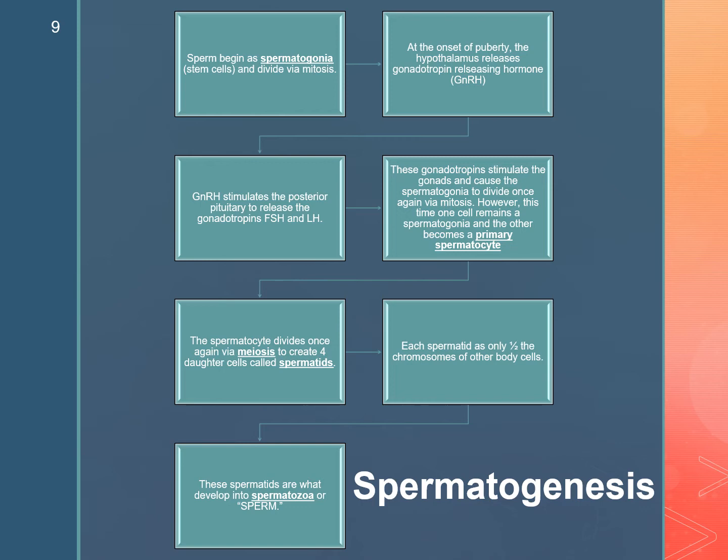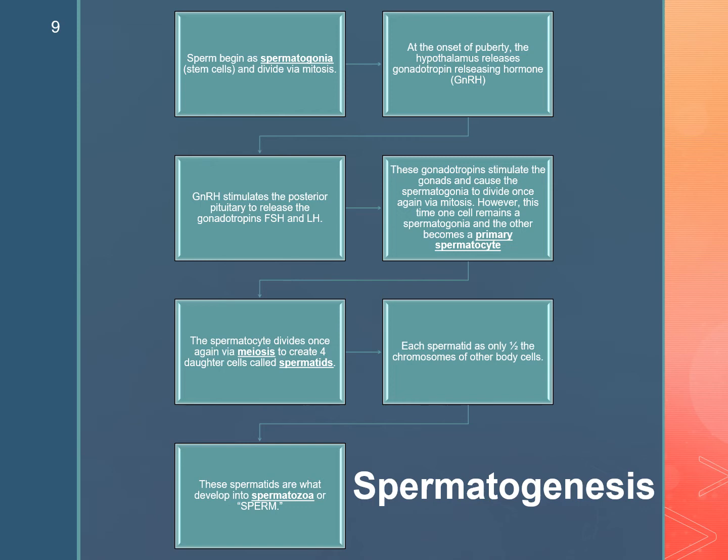But these gonadotropins are follicle stimulating hormone and luteinizing hormone. We abbreviate those as FSH and LH respectively. So now these gonadotropins are going to be floating around in the blood, and they are going to stimulate the gonads. In this specific instance, it's going to be the testicles. So they're going to stimulate the testicles, and those spermatogonia are going to divide once again.